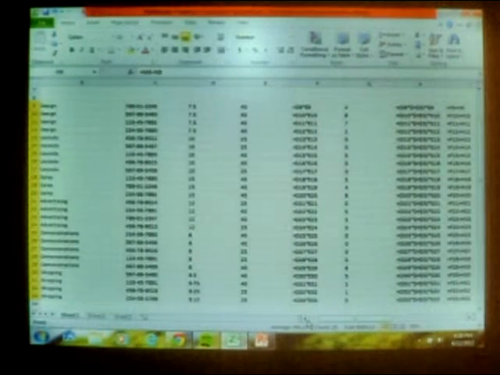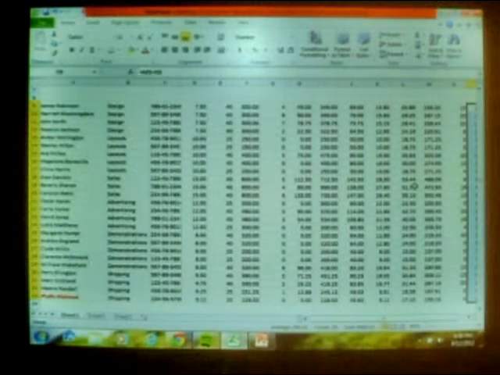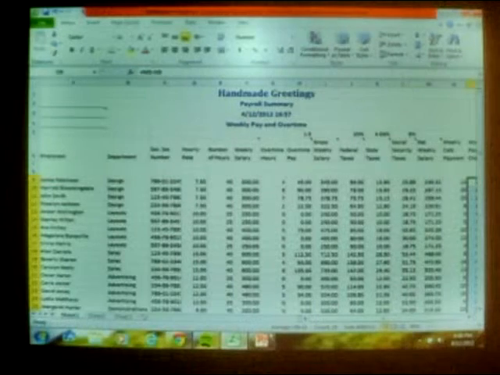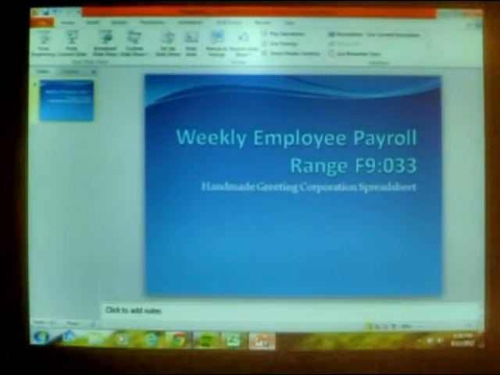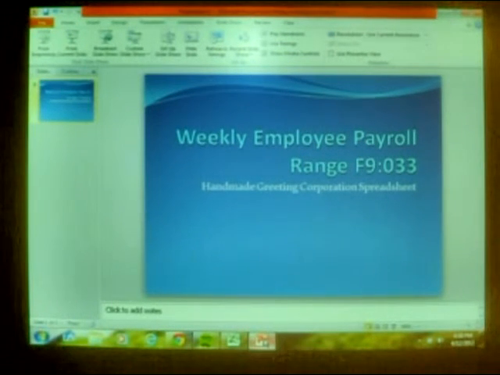So now we're going to change the screen back by selecting Control and Accent. Okay, so now we have completed range F9 through O33.